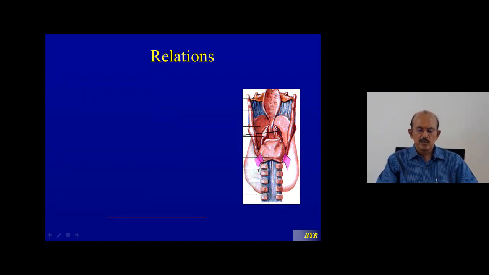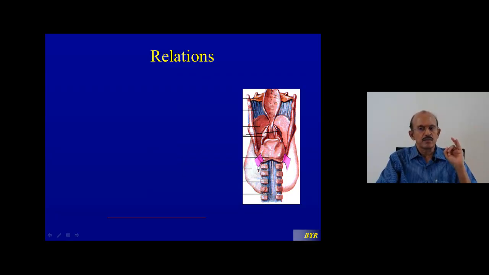Why? Number one, it is responsible for movement of the thyroid gland on swallowing. So already we have seen that pretracheal fascia is responsible for movement of the thyroid gland during swallowing. The second factor for movement of the thyroid gland in swallowing is mainly the Berry's ligament attachment.